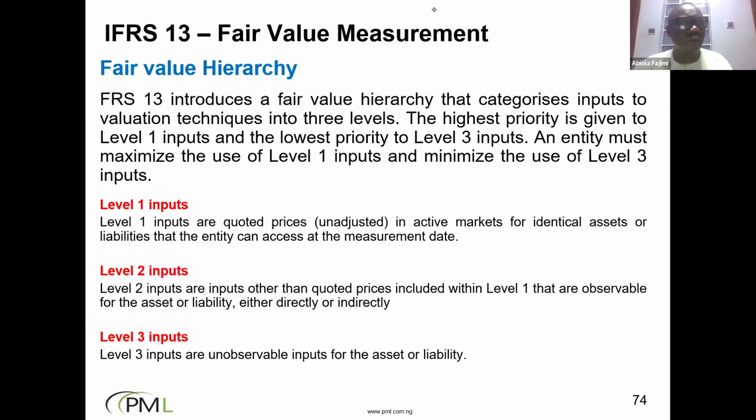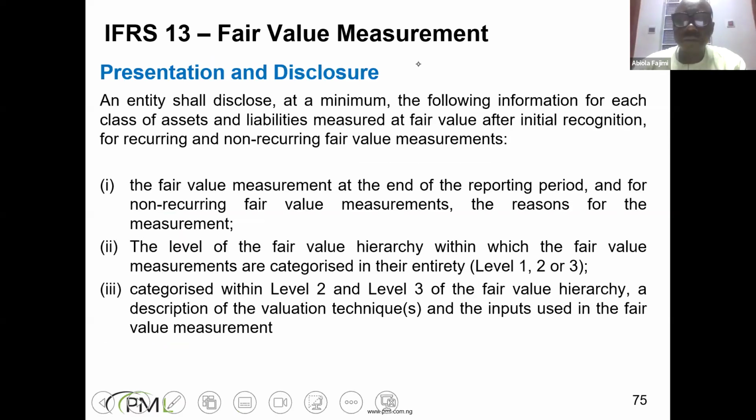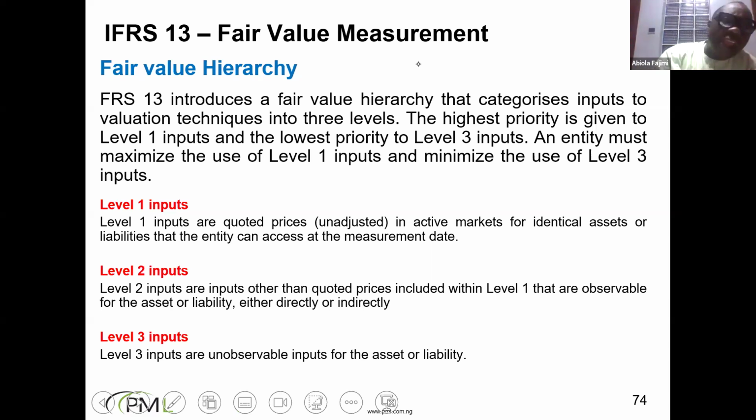Maybe you have used discounted cash flow to estimate the fair value of that instrument because the instrument does not have any observable market price, or you cannot even find any similar instrument to use. So you are allowed to use other valuation techniques like discounted cash flow. So your fair value can fall into any of these 3 buckets. You can categorize the fair value into any of these 3 buckets.